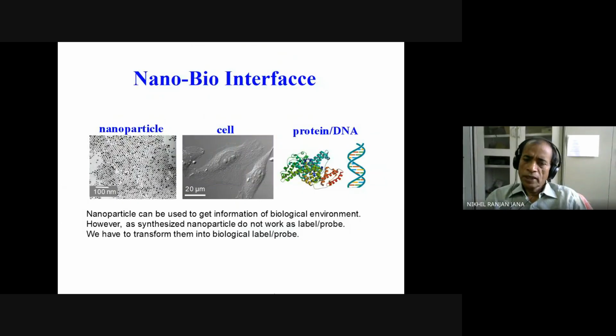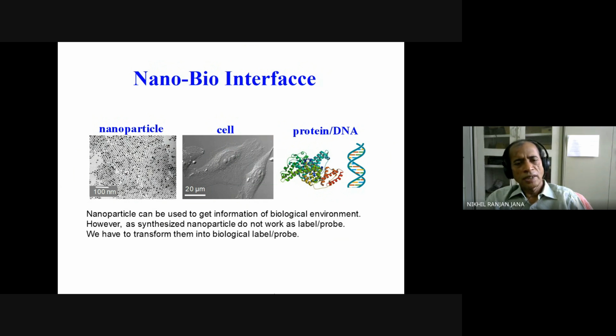So once we make these kinds of particles, we have to design them in a way that they interact with the biological interface. Biological interface means cells and biomolecules, for example, protein, DNA. These are the most common things.